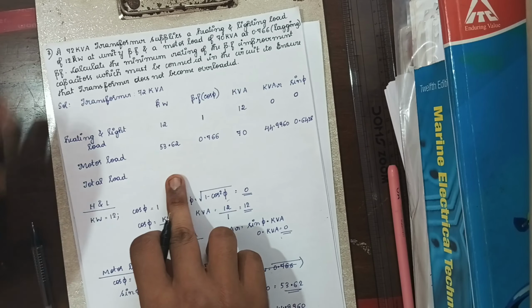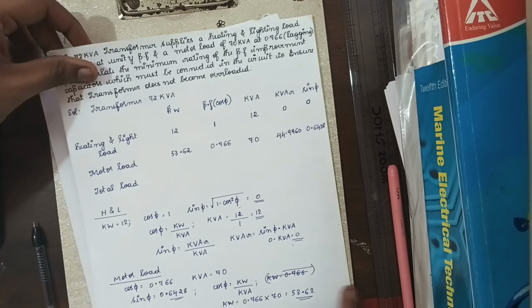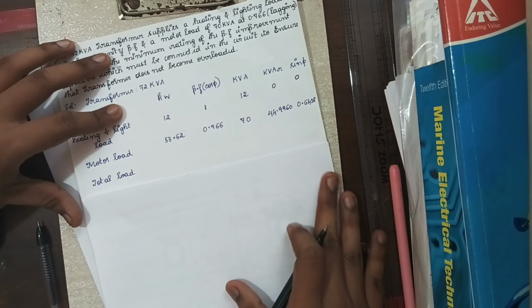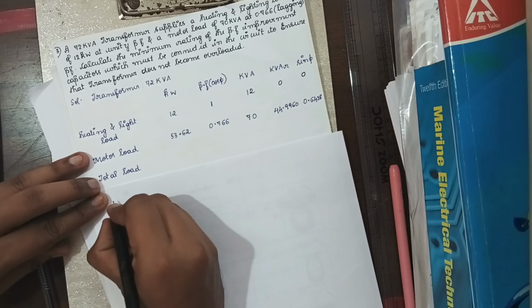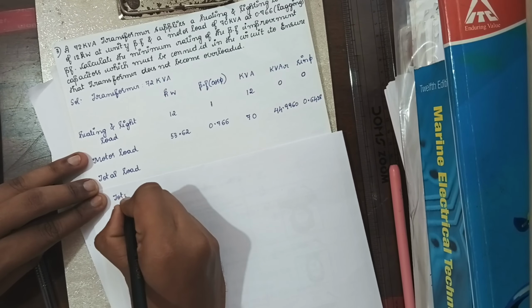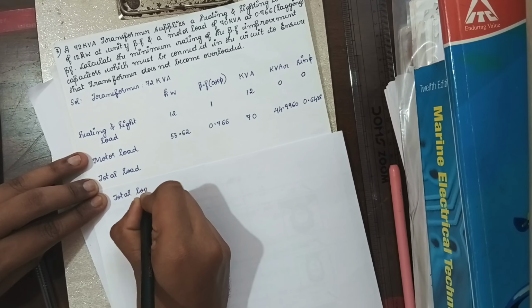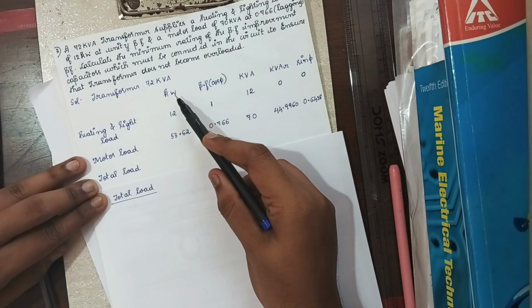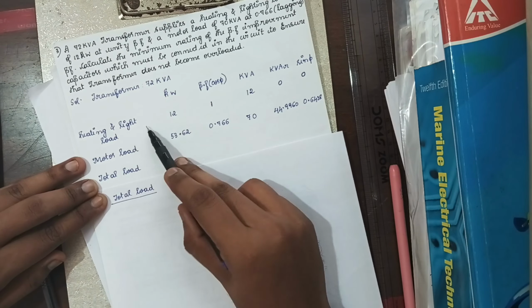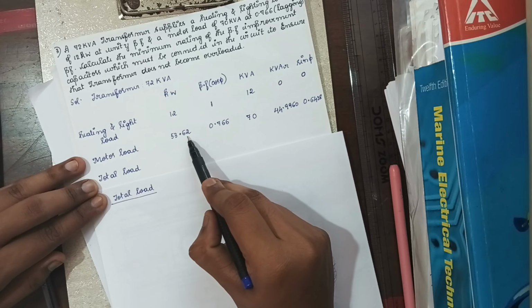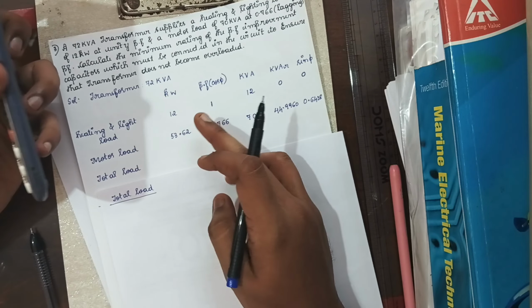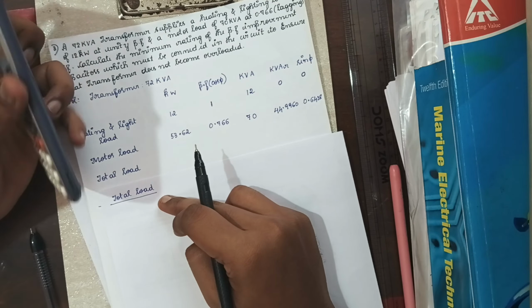Now let's find the total load. We know the kilowatt of heating and lighting is 12, motor load is 53.62. Let's add this. We know the formula, kilowatt A plus kilowatt B is equal to total kilowatt.